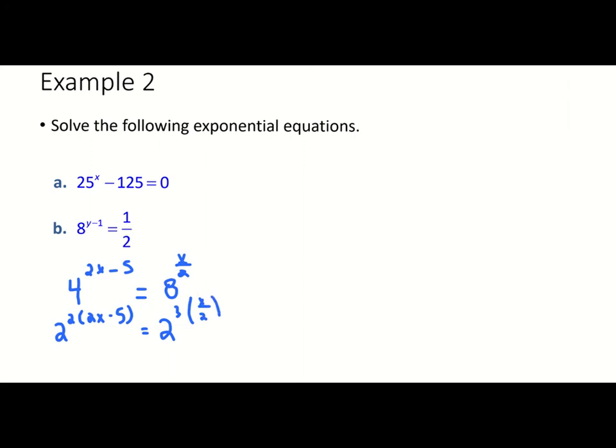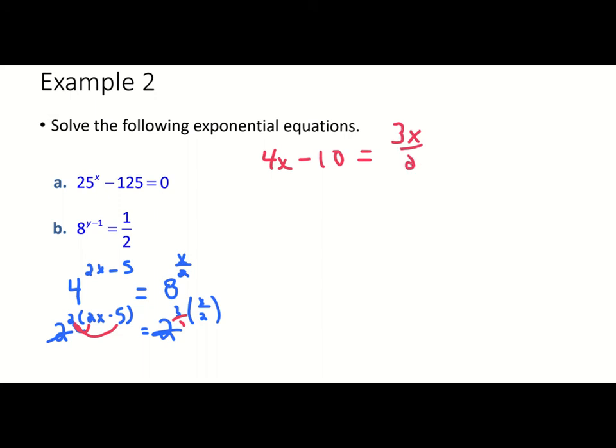Again, I don't care about the bases anymore, so I'm going to ignore those. But I am going to distribute up here. So this is going to become 4x minus 10 is going to be equal to, when we multiply, put a 1 underneath, so it becomes 3x divided by 2.